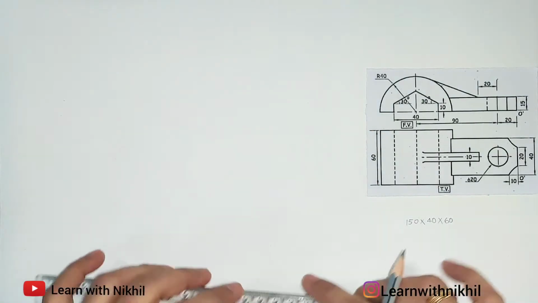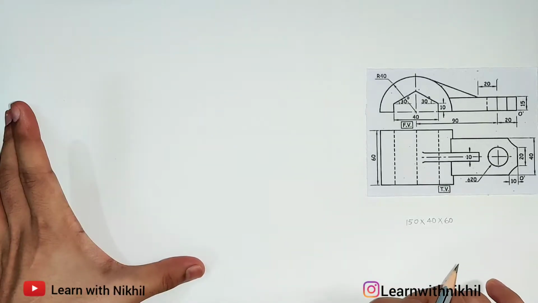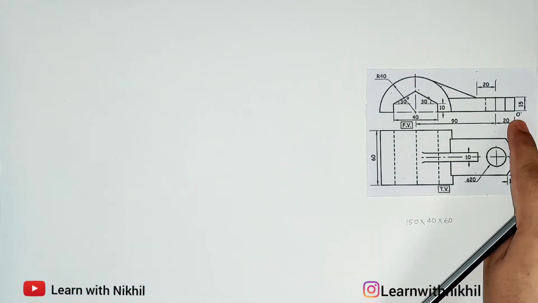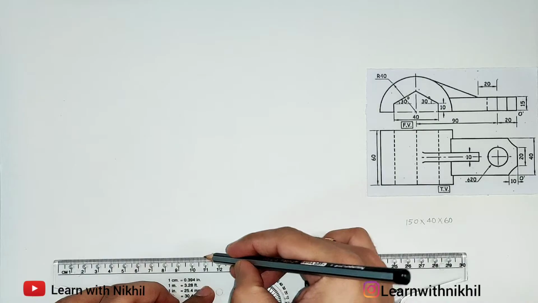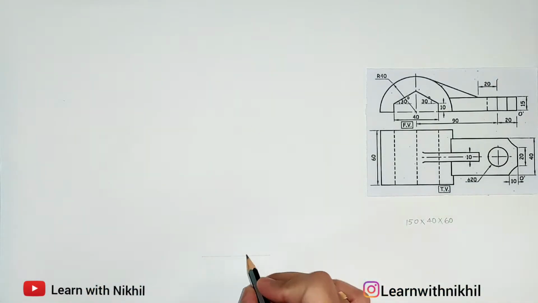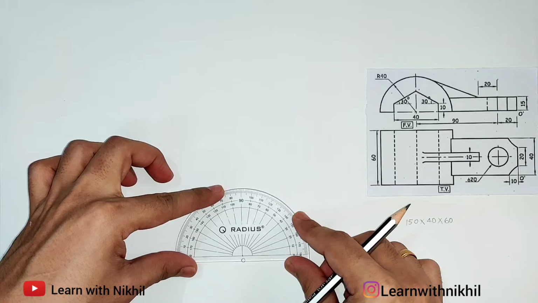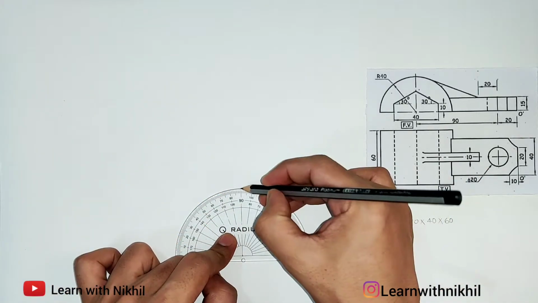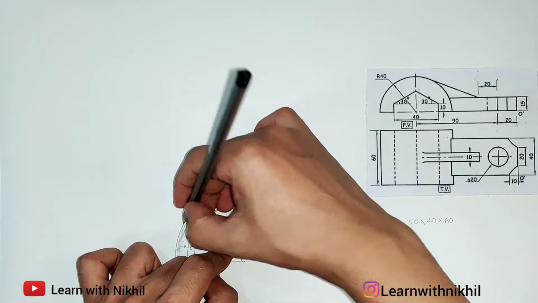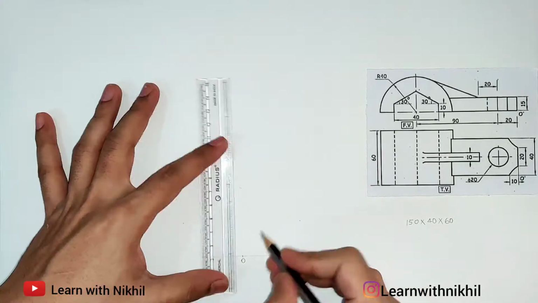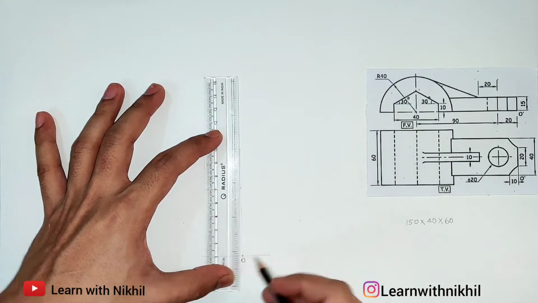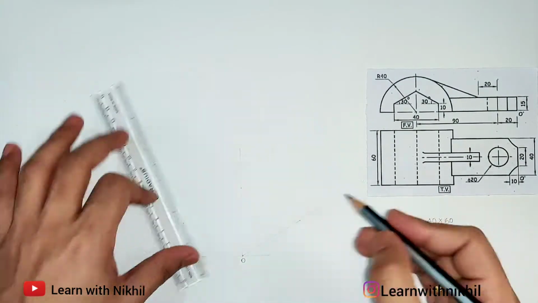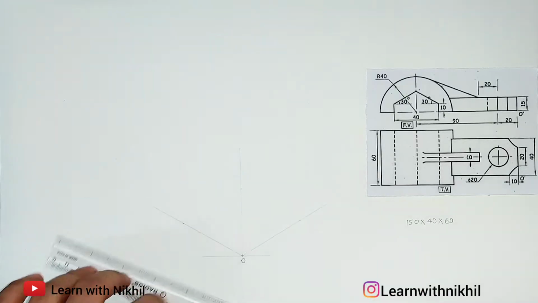So as we have found out the three dimensions, first we will mark those dimensions. We'll start from this point O. So this is the point O. Now we'll mark the three angles, that is 90 degree, 30 degree and 30 degree. So this is 90 degree, 30 degree and 30 degree.